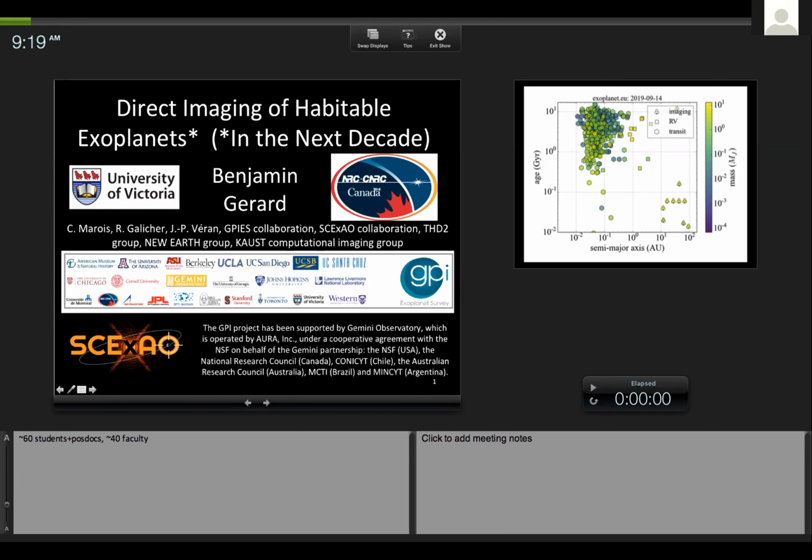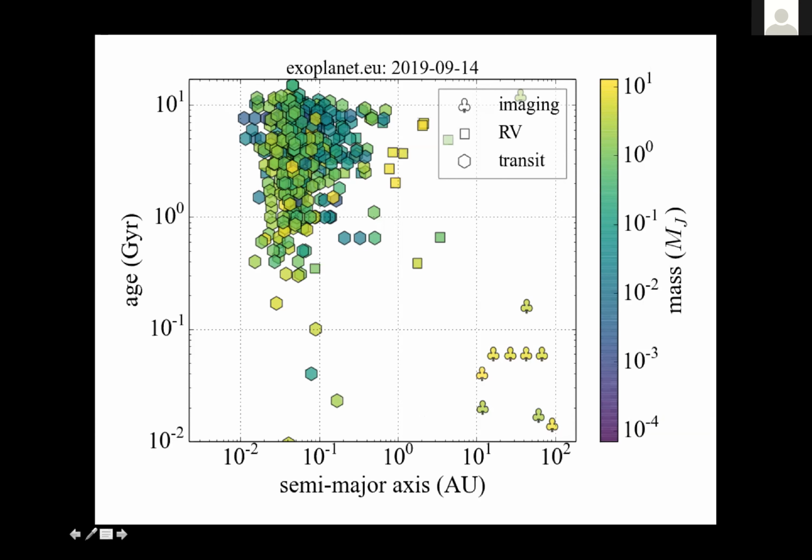Different symbols are different detection methods here, and mass is in color. I like to show this age parameter instead of mass on the y-axis because it nicely separates directly imaged planets. I don't know if my mouse is visible, I'll just describe verbally. I think that this is a useful way to show that direct imaging is complementary to other methods.